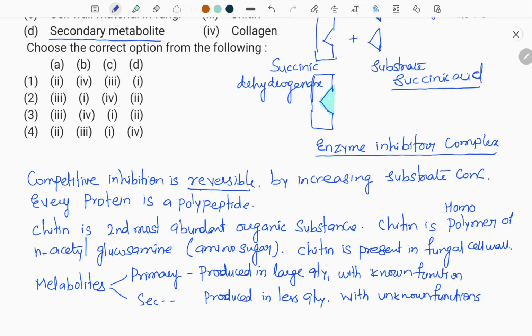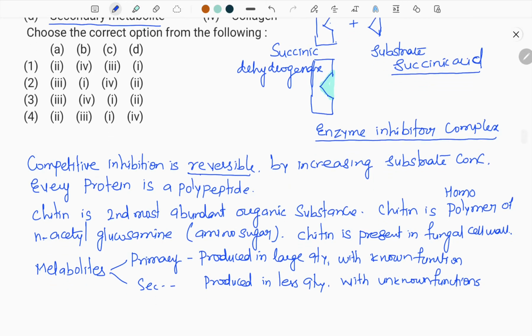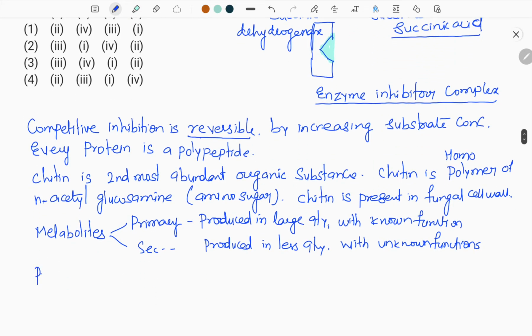That is one thing. And what are the examples for the primary metabolites? Primary metabolites are the building components of the secondary metabolites. I mean, what do you call these? Molecules, macromolecules.